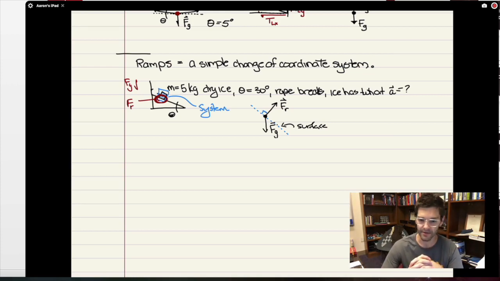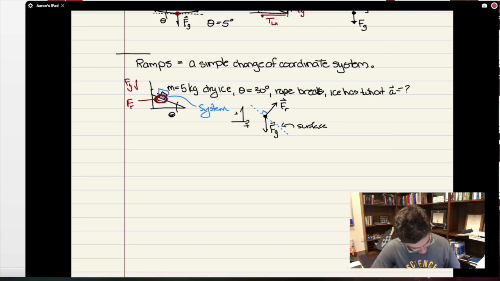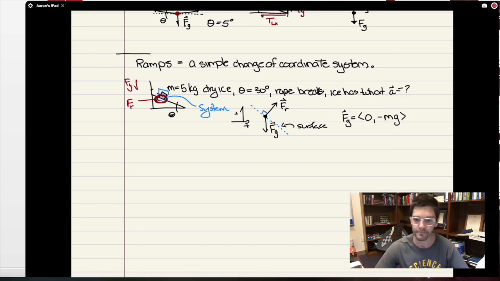It is clear that there are forces acting in the vertical direction and forces acting in the horizontal direction. If I define up and to the right as positive, then I might write Fg as something like (0, minus mg), because it's pointing downward.